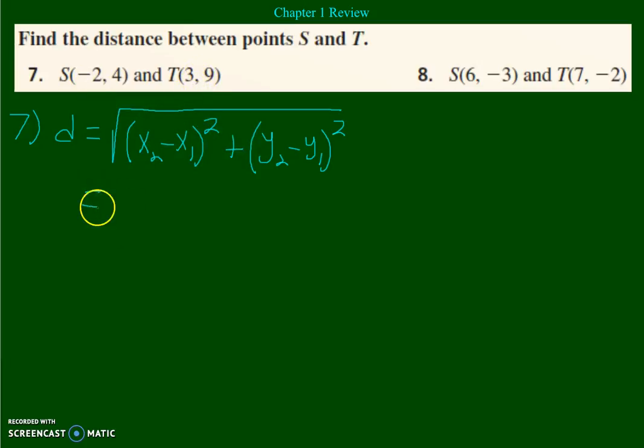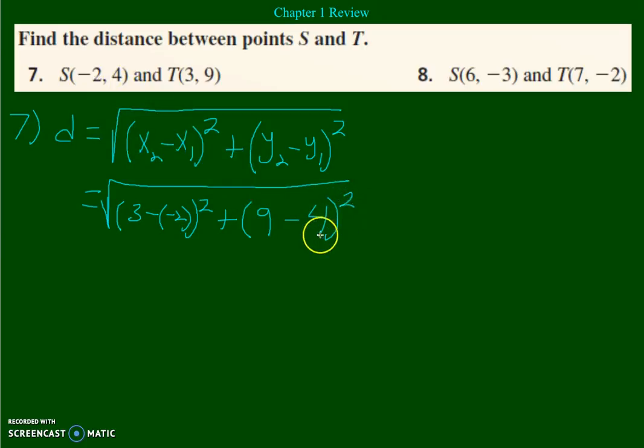So we have it equals square root, x2, 3, minus a negative 2, squared, plus, we go back to point 2, 9, for the difference of the y's, minus 4, and we square that.